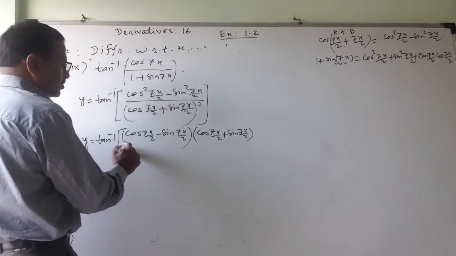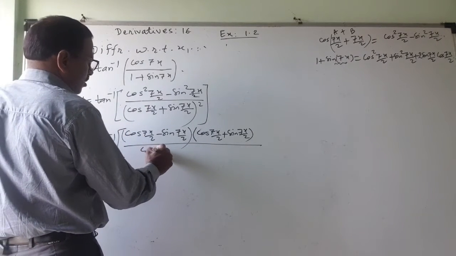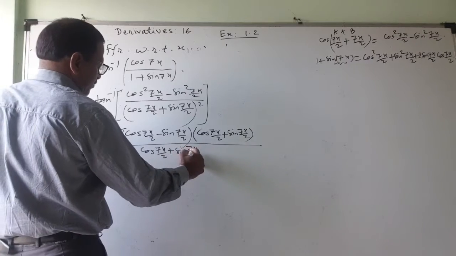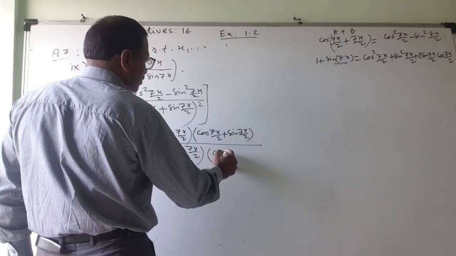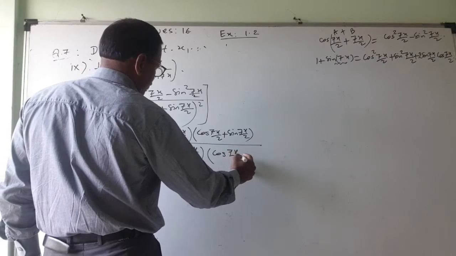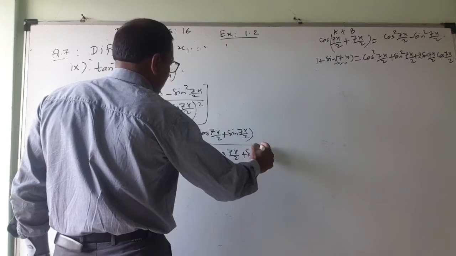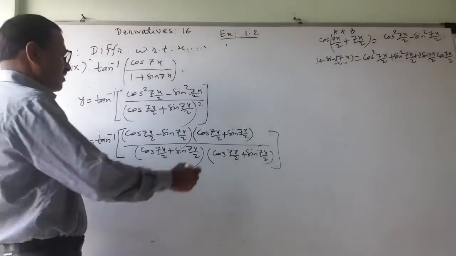A square minus b square, a minus b, a plus b. Now this is cos of 7x by 2 plus sine of 7x by 2, it is square, means multiplied twice, cos of 7x by 2 plus sine of 7x by 2. Now this one and this one will get cancelled.